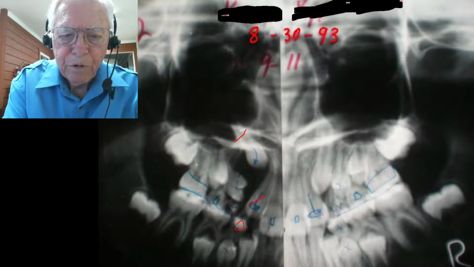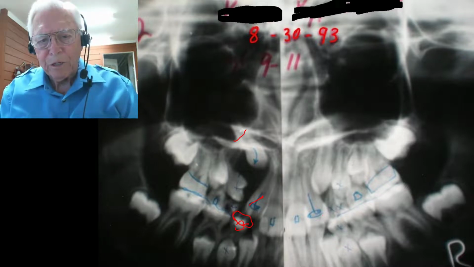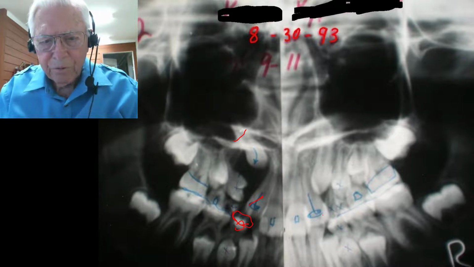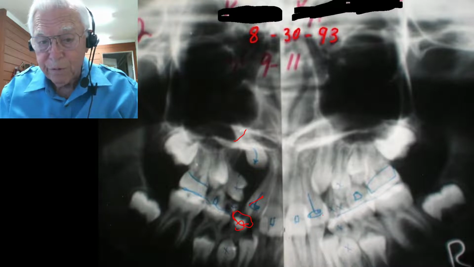Now, we kept this open from here, and this tooth will just come right on down into that place. And after seeing that, I felt like the one that I'm going to show later, or that portion of it, wasn't the best thing to do.